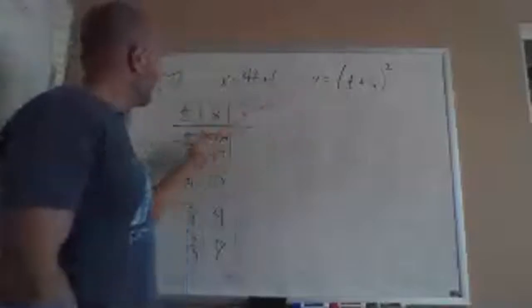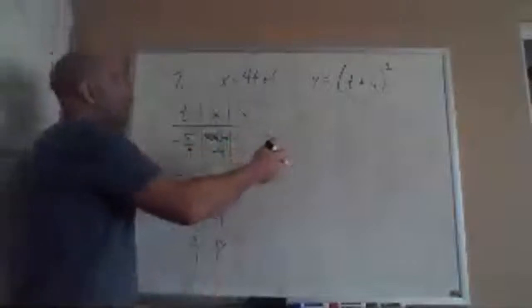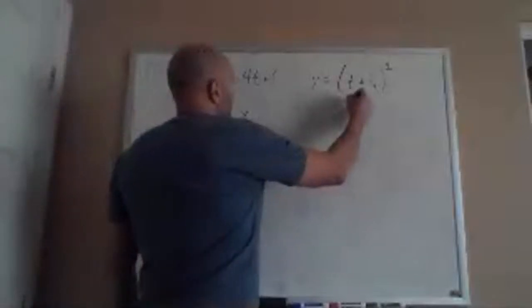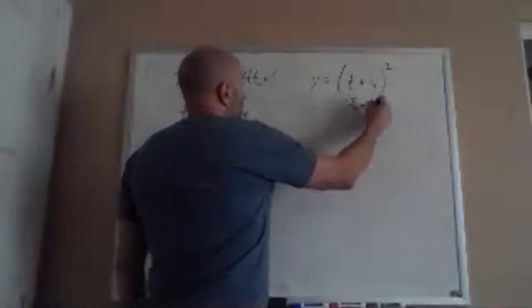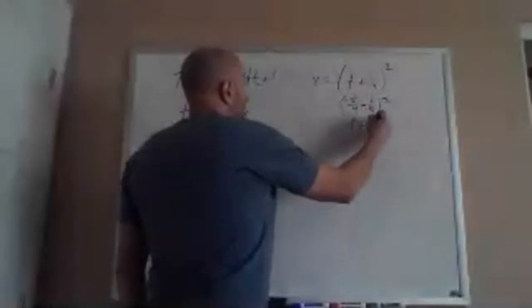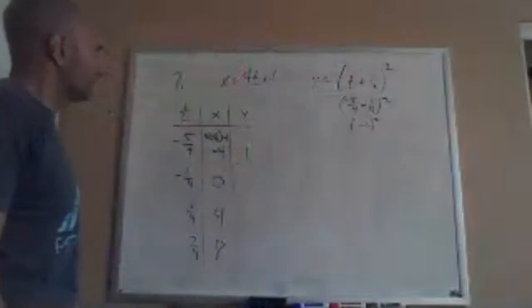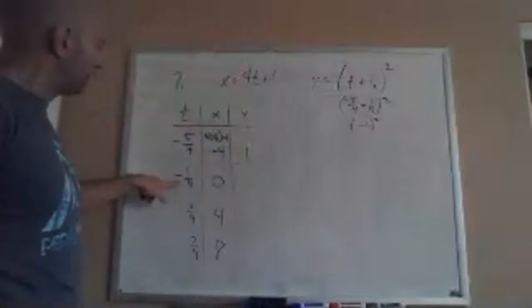Now plug it into here. So -5/4 plus 1/4 is -4/4, which is -1. I have to square it. This becomes -1. -1 squared is +1. Plug in -1/4. -1/4 plus 1/4 is 0. 0 squared is 0.